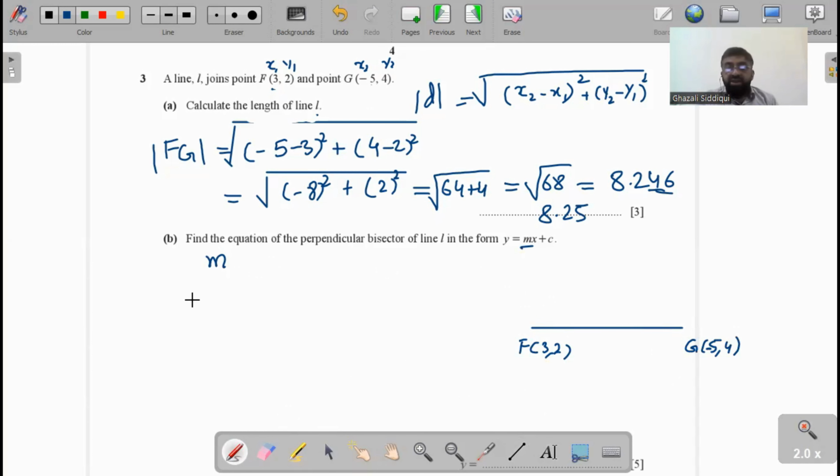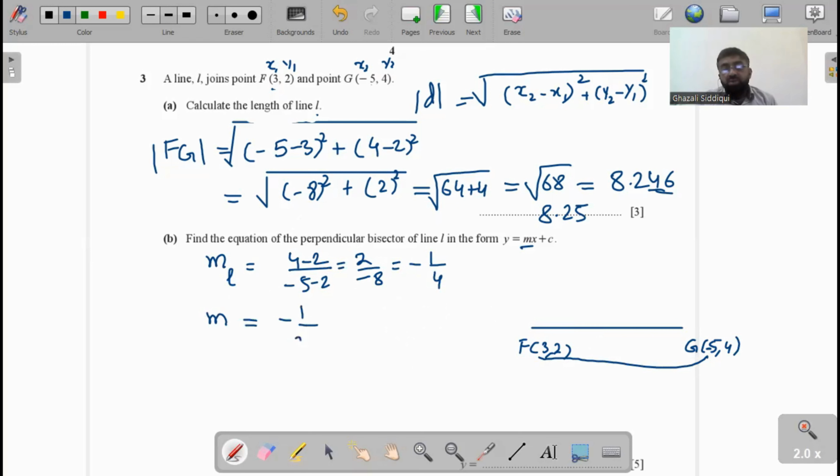Now we find the gradient of line L. It's y2 minus y1, 4 minus 2, over x2 minus x1, minus 5 minus 3. The answer is 2 over minus 8, and that is equal to minus 1 over 4. Now the gradient of the perpendicular line to line L will be the negative reciprocal of that. Therefore, minus 1 over 4 becomes 4.